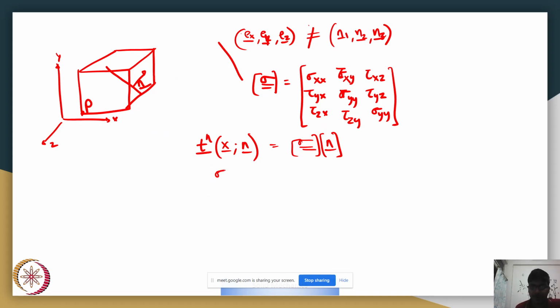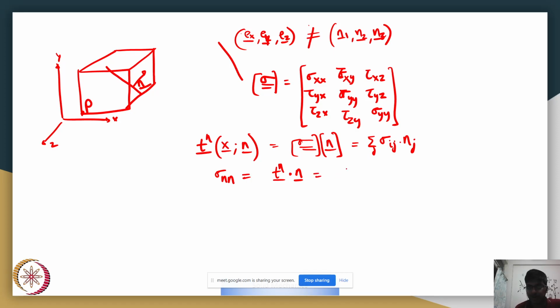And if you want, say, the normal component, we'll write sigma n is Tn dot n. If I simplify this, it is essentially sigma ij nj summed over j.